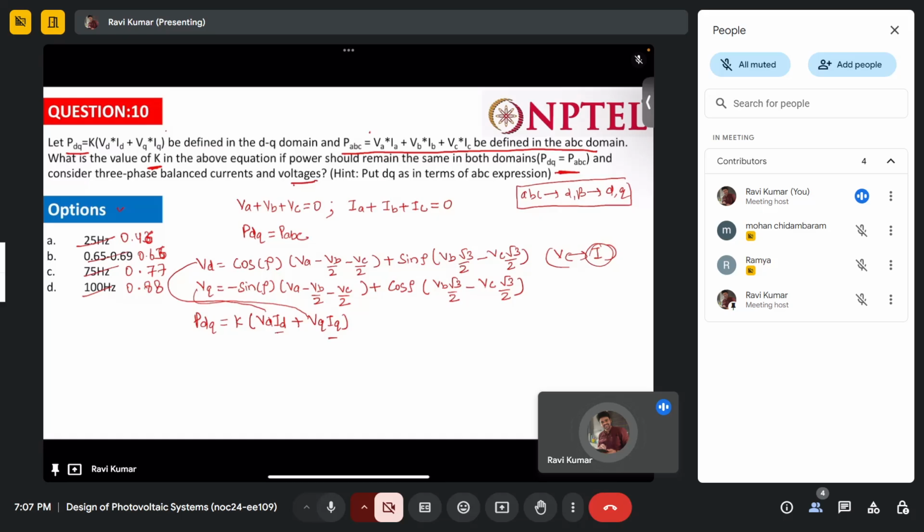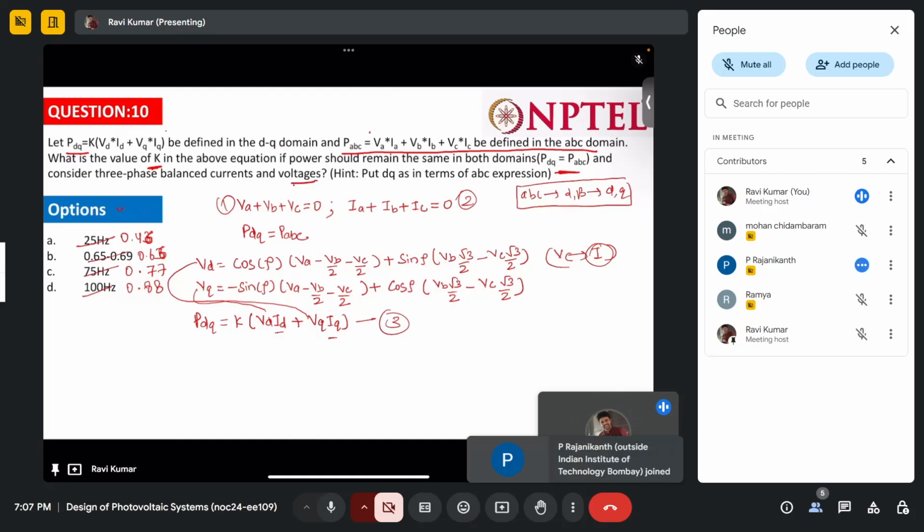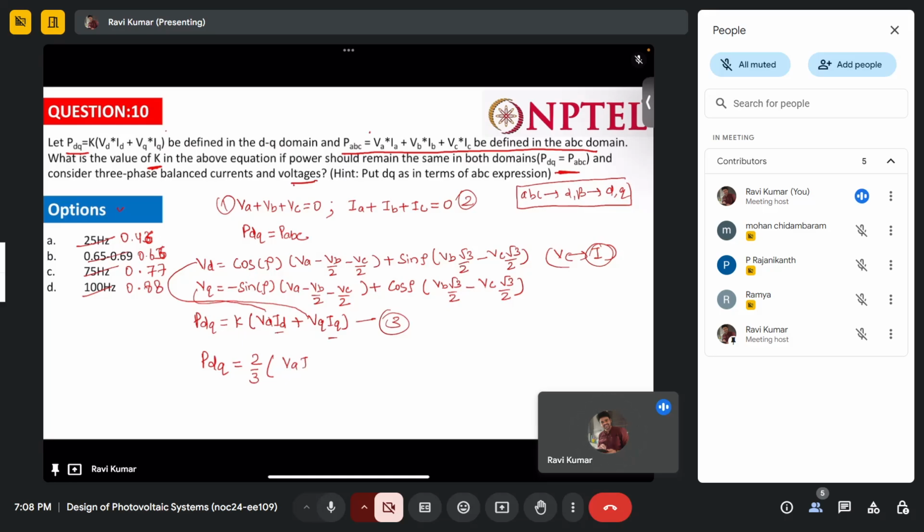So now using these three equations, if we do the mathematics, we will get PDQ equals 2 by 3 times (VA IA plus VB IB plus VC IC).